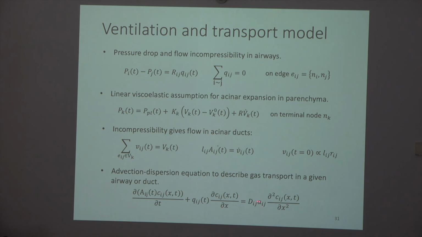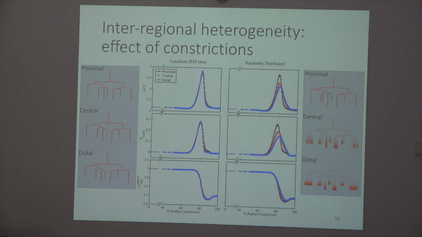So instead of just molecular diffusion here, you'll have some kind of Taylor dispersion type term to account for that. So that's flow dependent. So first we just played with the model, applied some constrictions to the airways, and looked at what happened to the LCI, the S-cond, and the measured FRC volume as we increased constriction strength.